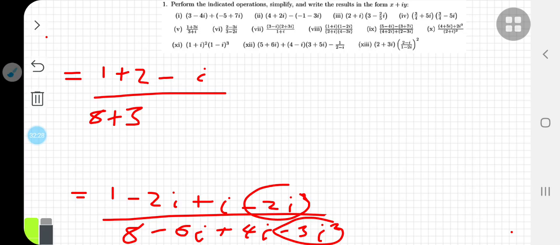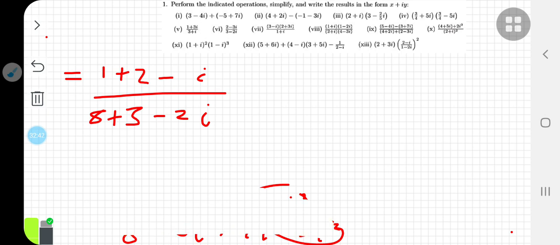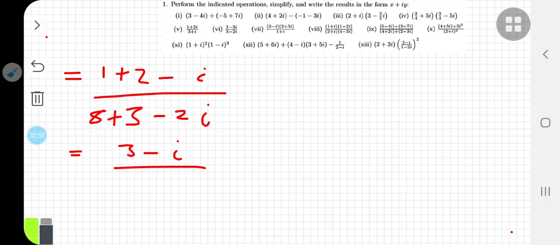Then negative 6i plus 4i, that will just give us negative 2i. We move on. So on top there I'm going to have 3 minus i on top. Then I'm going to have 11 minus 2i there.